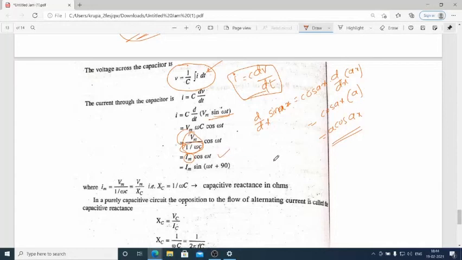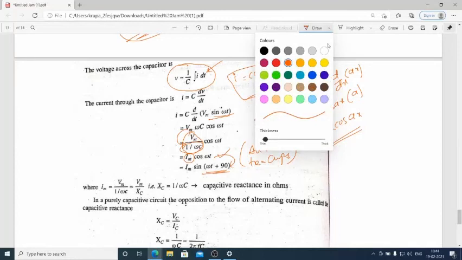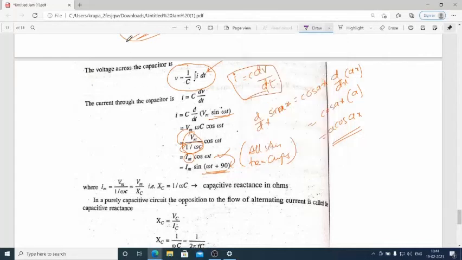By using the all silver teacups concept, we write cos in terms of sine: sine omega t plus phi. Please identify the voltage equations: V is equal to Vm sin omega t and I is equal to Im sin omega t plus phi.